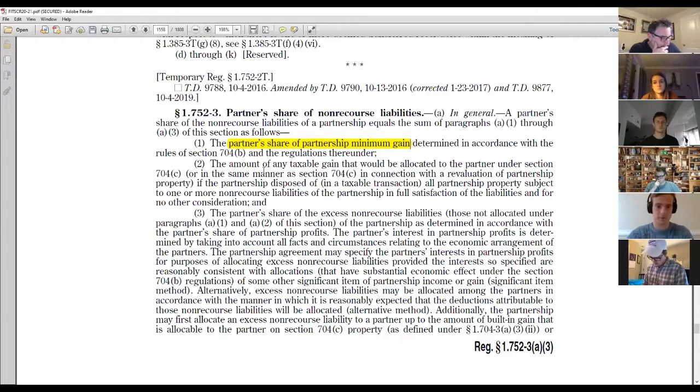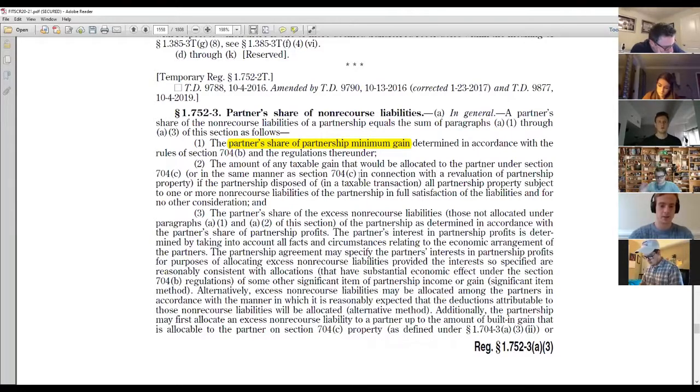Tier 2 then asks a hypothetical question, and we can call this minimum 704(c) gain. And it says, to the extent we have 704(c) property, what's 704(c) property? It's property that has a book value different than its basis. Usually it's contributed property.